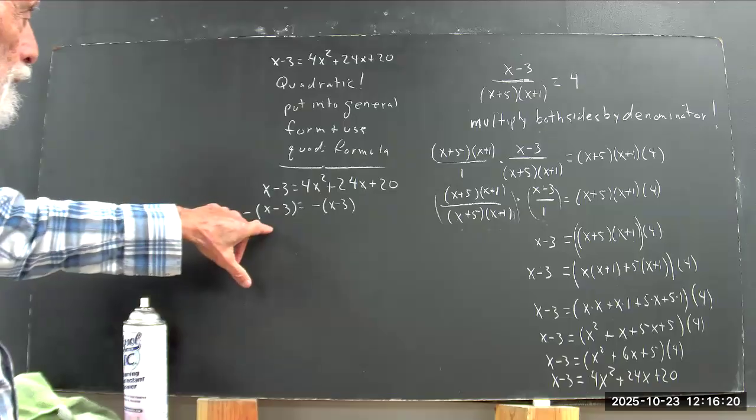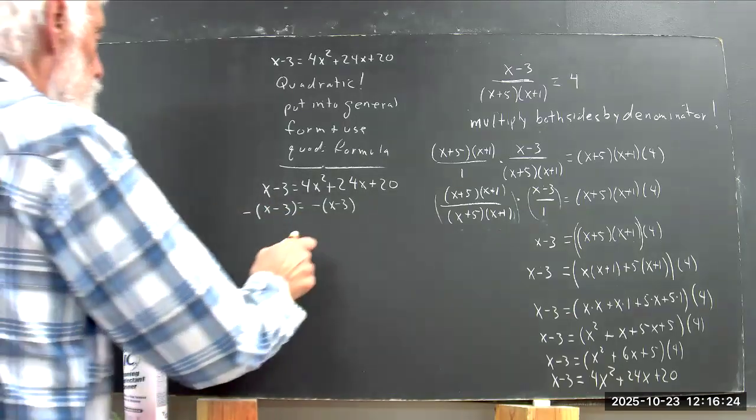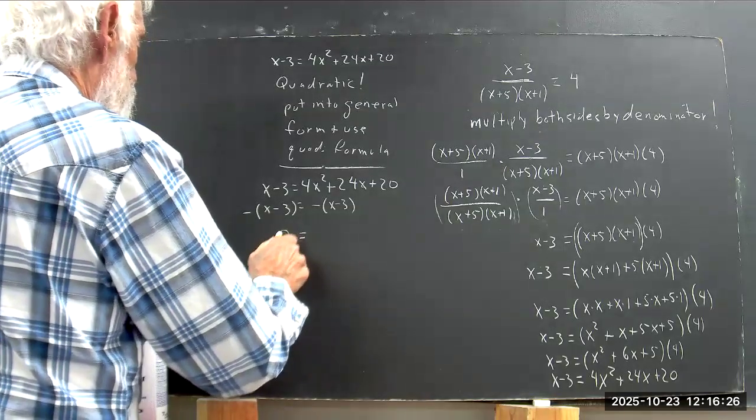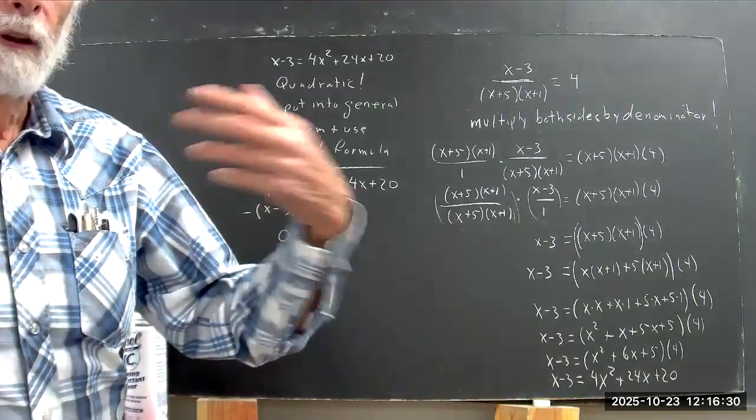You want to subtract x minus 3 from both sides. So you get 0 over here, because the general form has a quadratic expression equal to 0.